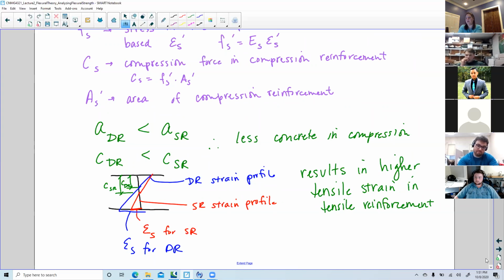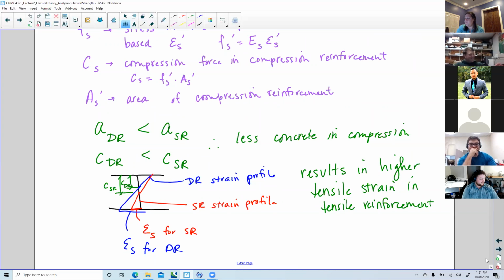You can ignore it if you want, because in general it should only help you in terms of making sure your steel yields. So that's a reason for including it, to make sure your steel yields.